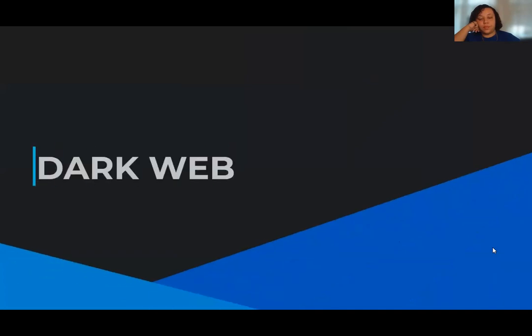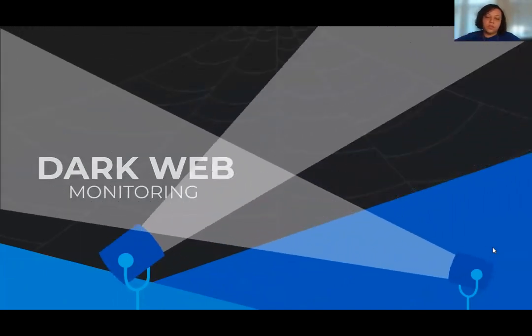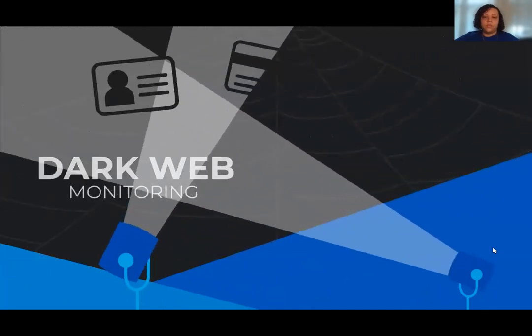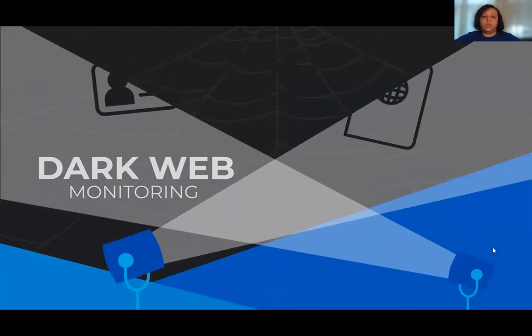With data breaches and hacking on the rise, we look out for you in the furthest corners of the internet. In dark web monitoring, you can securely enter information for sensitive credentials like credit cards, passports, or driver's licenses. We'll monitor the dark web for that information and alert you should your credentials become compromised.